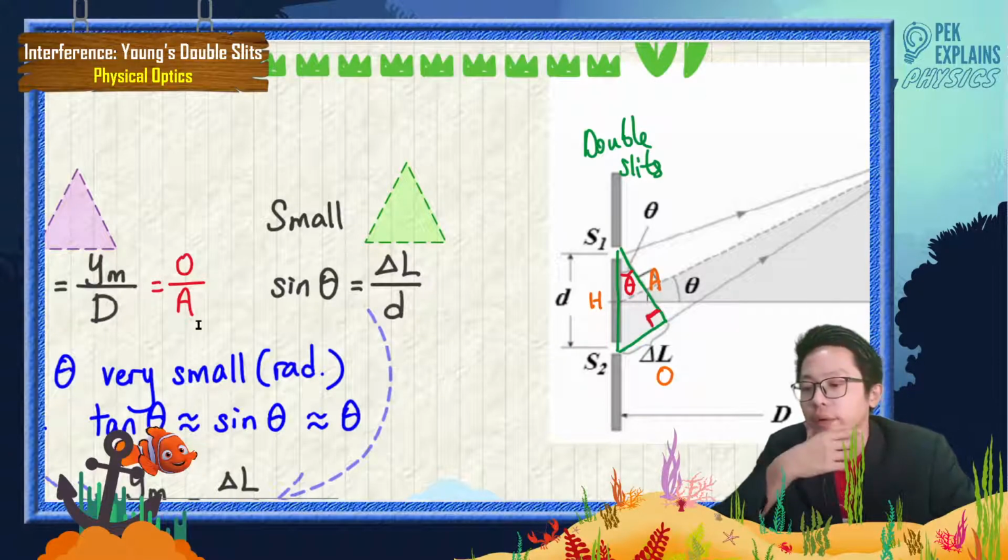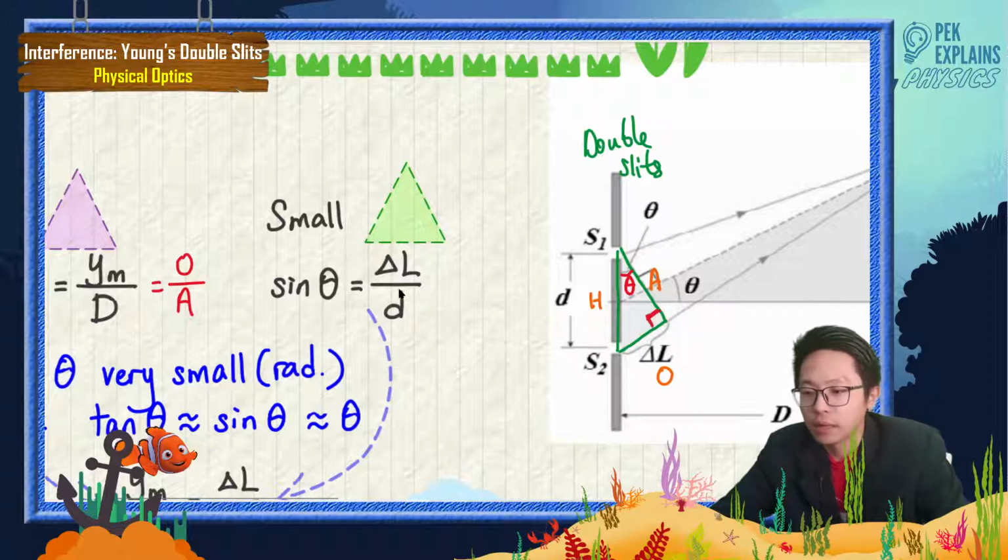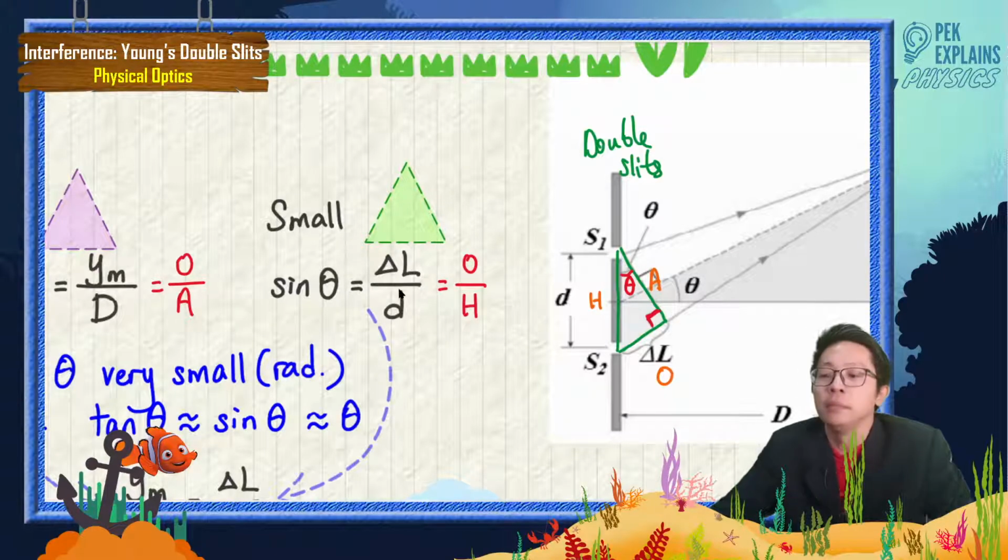So now we are using sine theta. What is sine theta? Opposite over hypotenuse, isn't it? Opposite is delta L over hypotenuse.